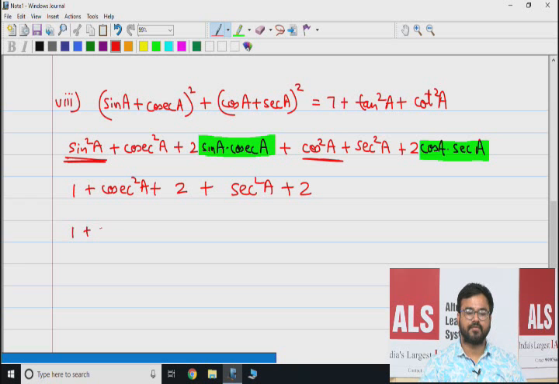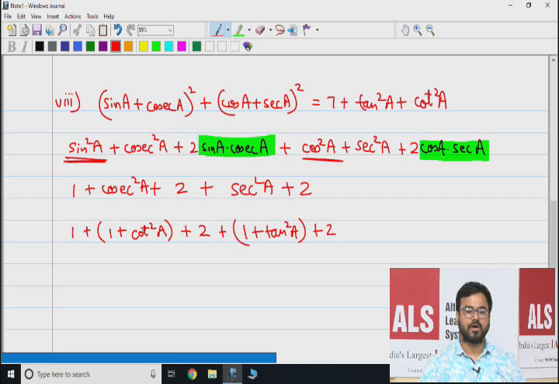So, cosec square A, we can write this one as 1 plus cot square A, and this is 1 plus tan square A is equal to sec square A. Now, if we see the numbers, 2 plus 2, 4, plus 1, 5, 6, and this one is 7.